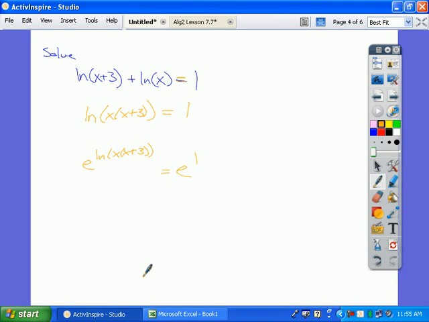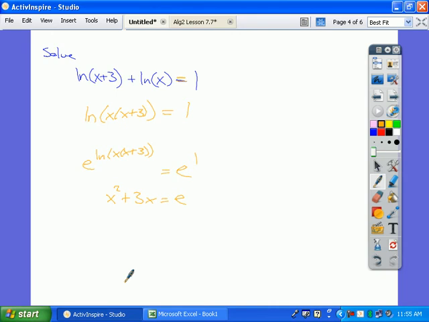When I distribute the x, I get x squared plus 3x equals e. Now this is what type of equation? Right, we got to know what type of equation this is so we can use the right approach to solve this.